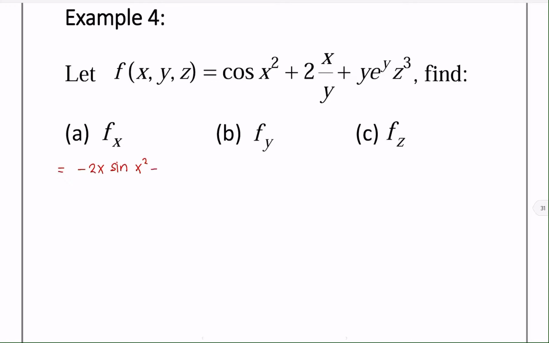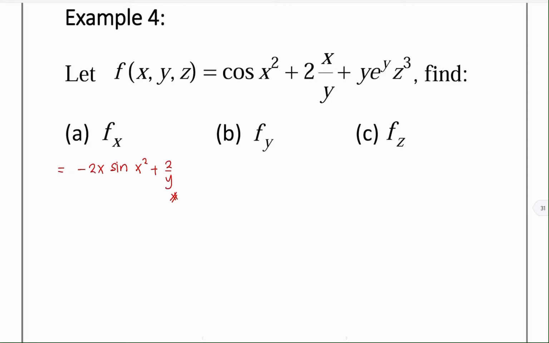Plus, for 2x over y, we hold y as a constant, so we obtain 2 over y. Then y z cubed is considered a constant, so plus 0. So this is the answer.